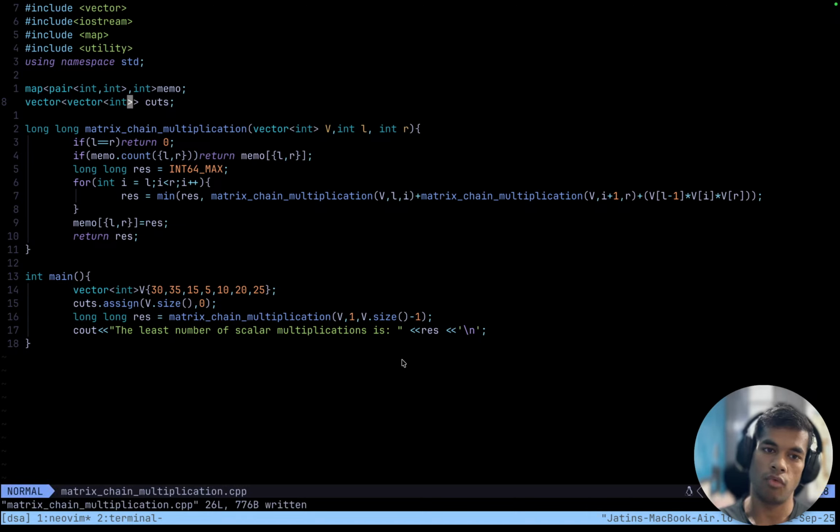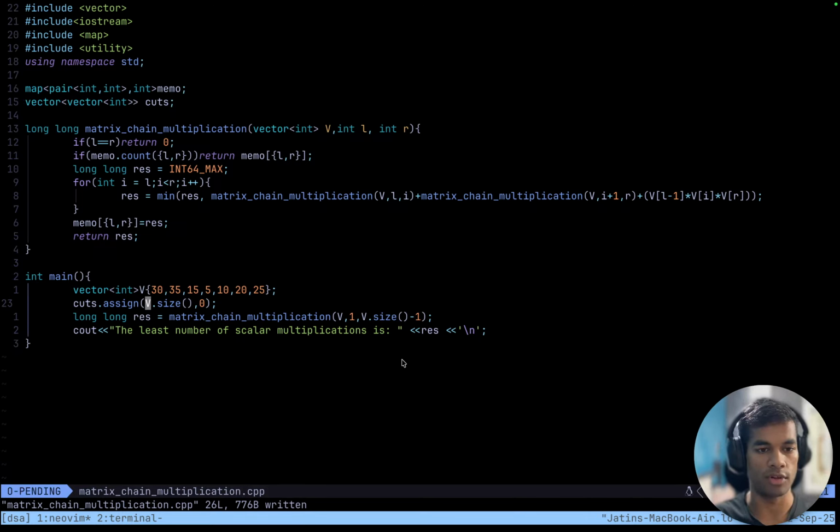But can we avoid using some two-dimensional vector? I think we can avoid it if we use iteration. But when we are using recursion, we have to use it. And what are going to be the dimensions?